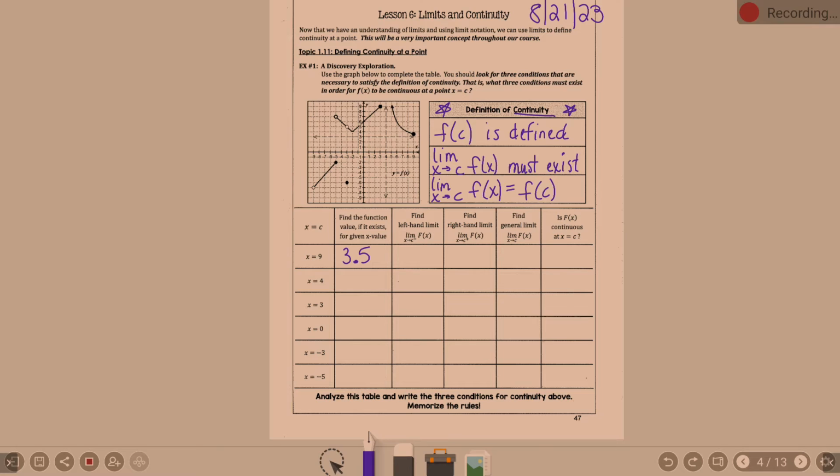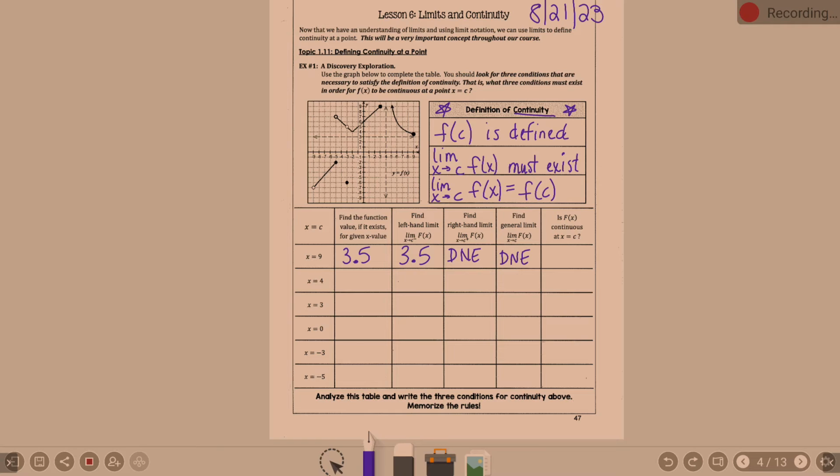As my graph approaches 9 from the left, it is at 3.5. Find the right-hand limit. Does not exist, because the graph doesn't exist on the right to approach from the right, does it? So that makes the right-hand limit does not exist. What does that make the general limit? Left and right don't equal, so that makes this does not exist.